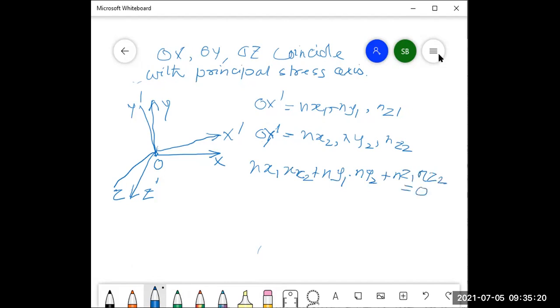Now, what we have here are components of the stress that we can consider on the newly orthogonal axes OX dash, OY dash, OZ dash. Each has a normal stress and a shear stress across it, in the plane itself.